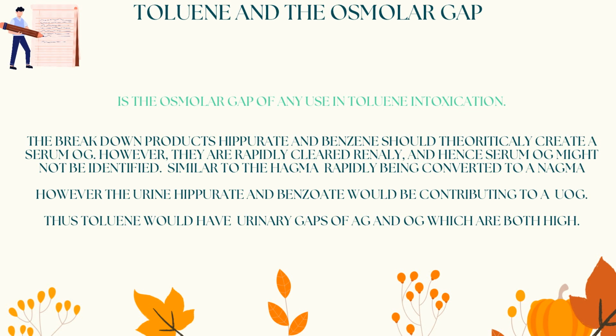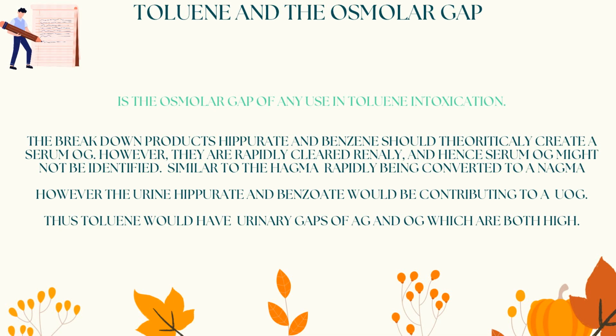But because the hippurate and benzoate are in the urine, both the urinary anion gap and the urinary osmolar gap would be raised in toluene intoxication. Thus, in toluene alone, the urinary osmolar gap would be useful.